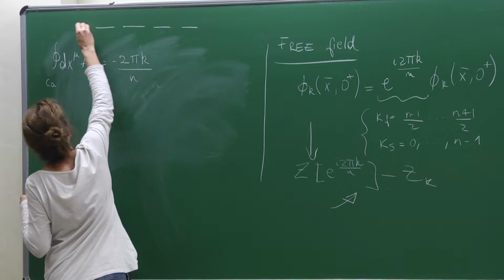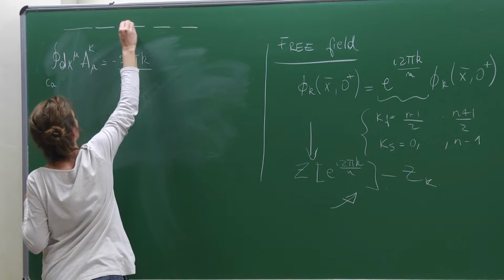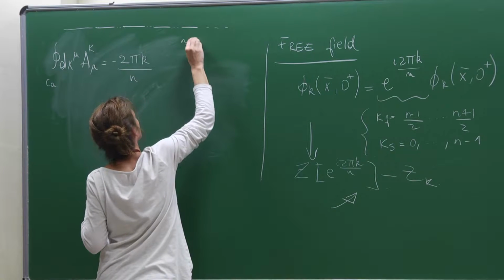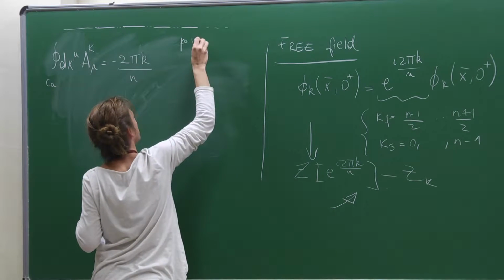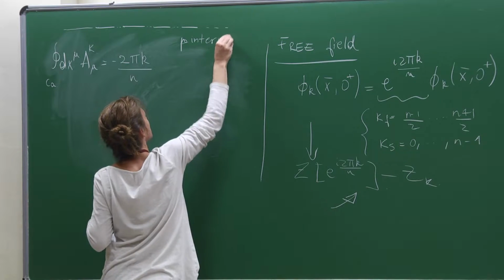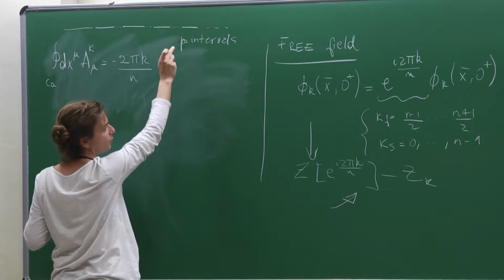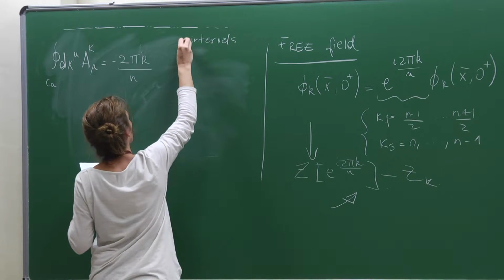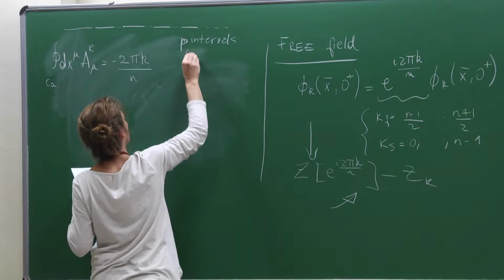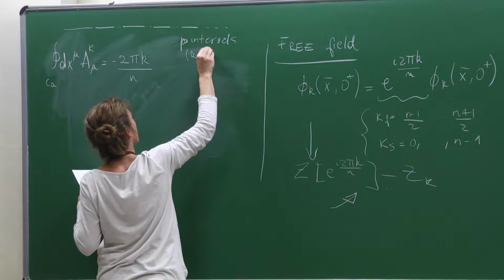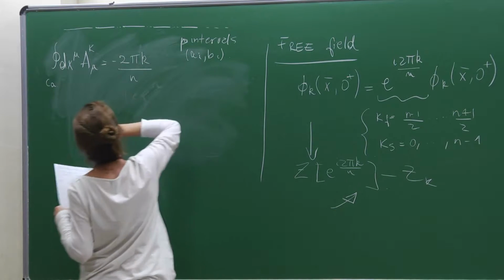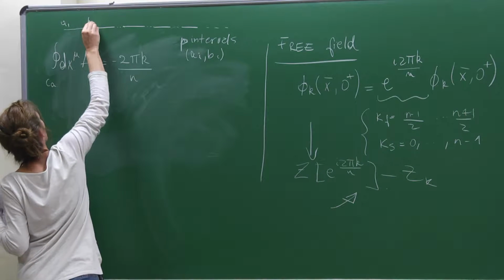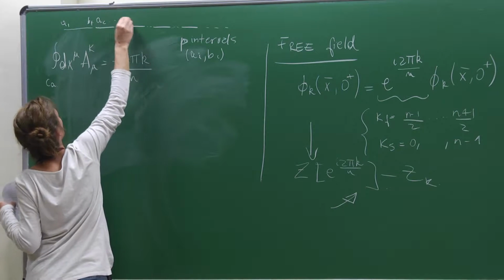We are saying we are in one dimension, okay? We have N, no, let's say P intervals, just not to be confused with N before. And we are going to say, okay, so this is A1, B1, A2, and go on.